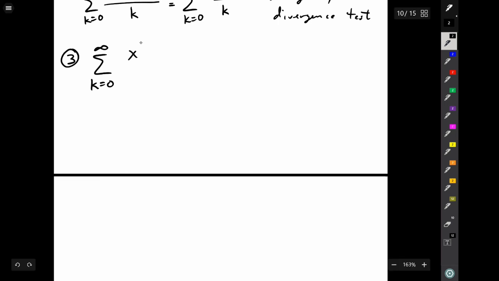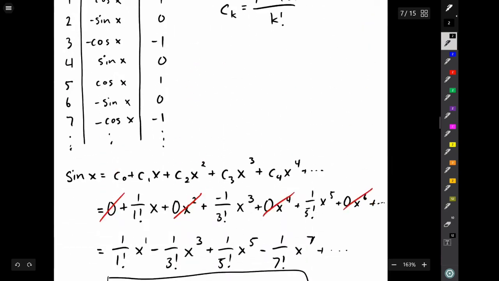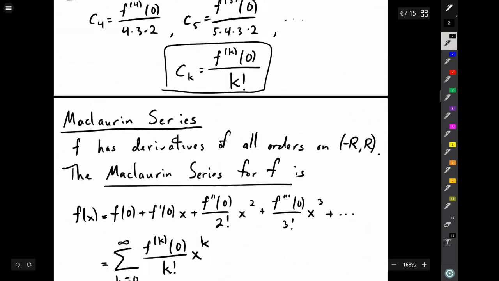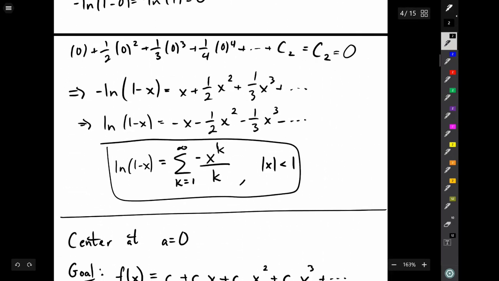I want to look at a series x to the k over k, something a little more interesting. This was our series for ln of 1 minus x. Let's see, if we go back here, we can probably find this. Where did it go?